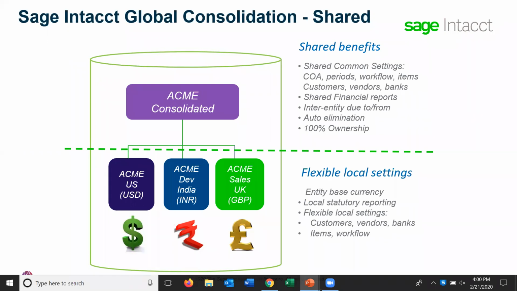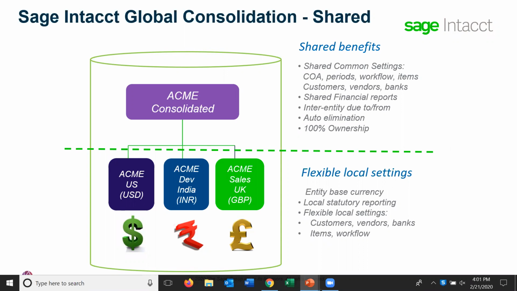Along the bottom, you see we've got the U.S., India, and the U.K. Of course, all 3 of those would be entities in Sage Intacct. All 3 of them have different currencies. And what we're trying to do with this slide is to show you that those 3 entities are now rolling up into what we're calling Acme Consolidated.